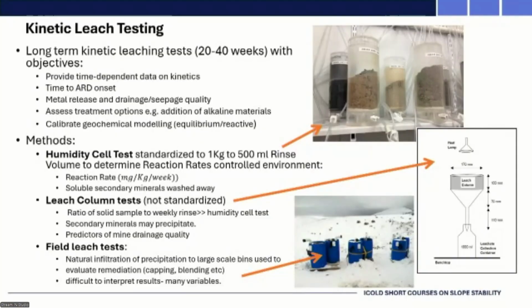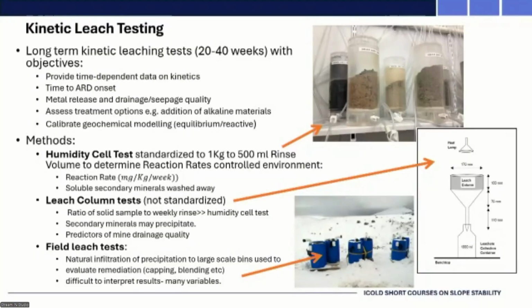Oh yeah, and you can also try testing various treatment options just in the lab and then try and upscale it to field scale. So there are different ways. Again, there's a humidity cells test, which is very, very standardized. It has to be a certain amount of solid to liquid ratio, it's specified, and the conditions in the lab have to be kept standard.